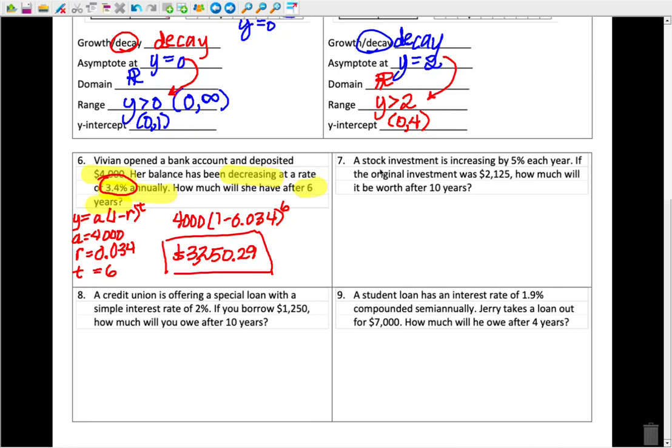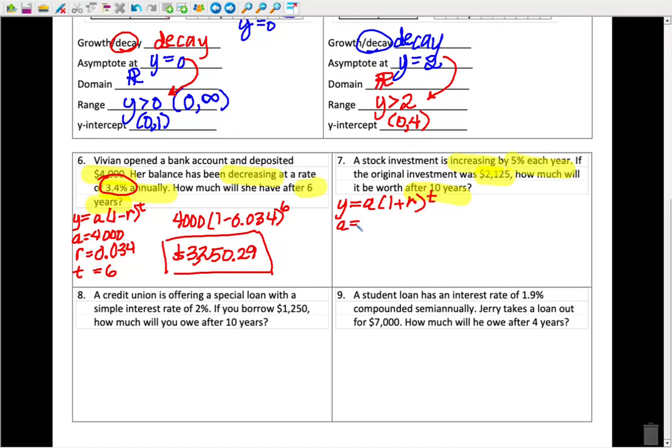Number 7, an investment is increasing by 5% each year. If the original investment was $2,125, how much would it be worth after 10 years? This problem, speaking of an increasing rate, means we are looking at a growth formula, which is y equals A times parenthesis 1 plus your rate as a decimal raised to the power of t.